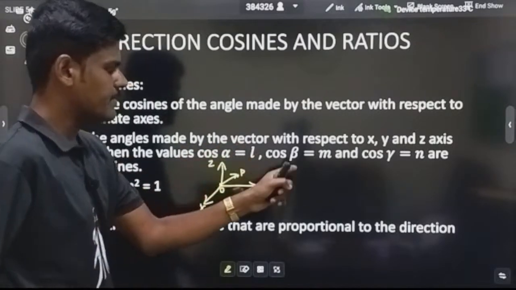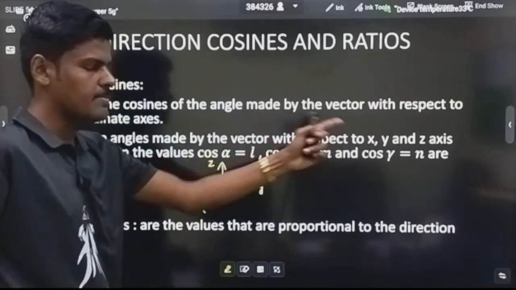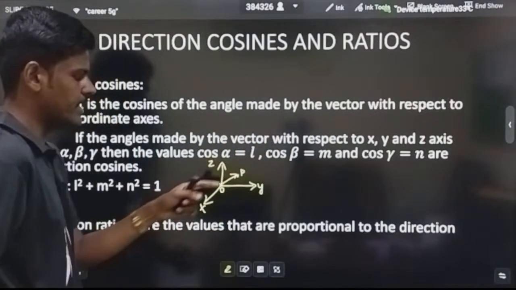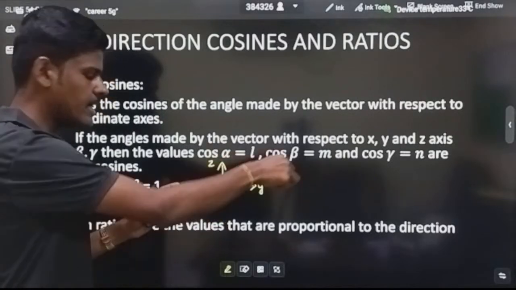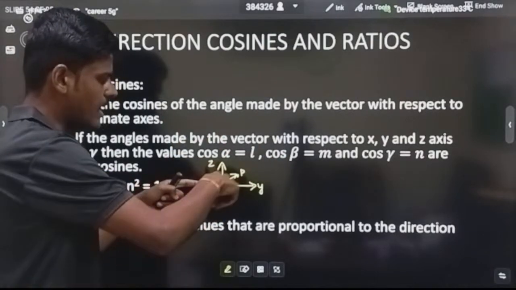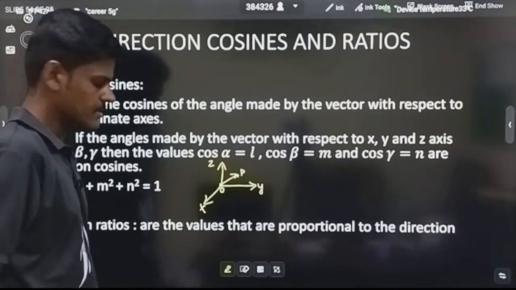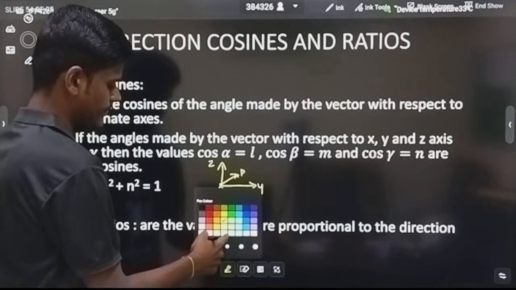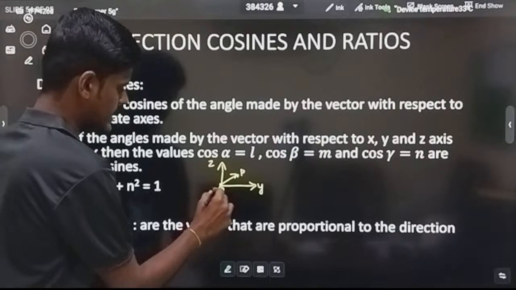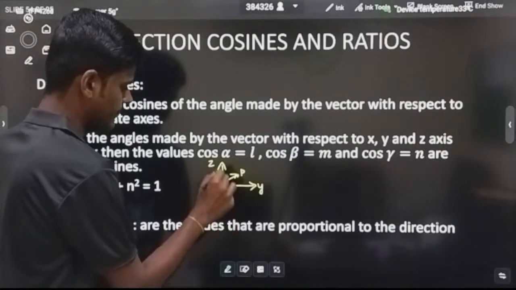What is this cos alpha, beta and gamma? Alpha, beta and gamma are the angles made by this vector with the corresponding axis. So what is the angle made by this OP vector with respect to x-axis? That is given by alpha. This angle is given by alpha.